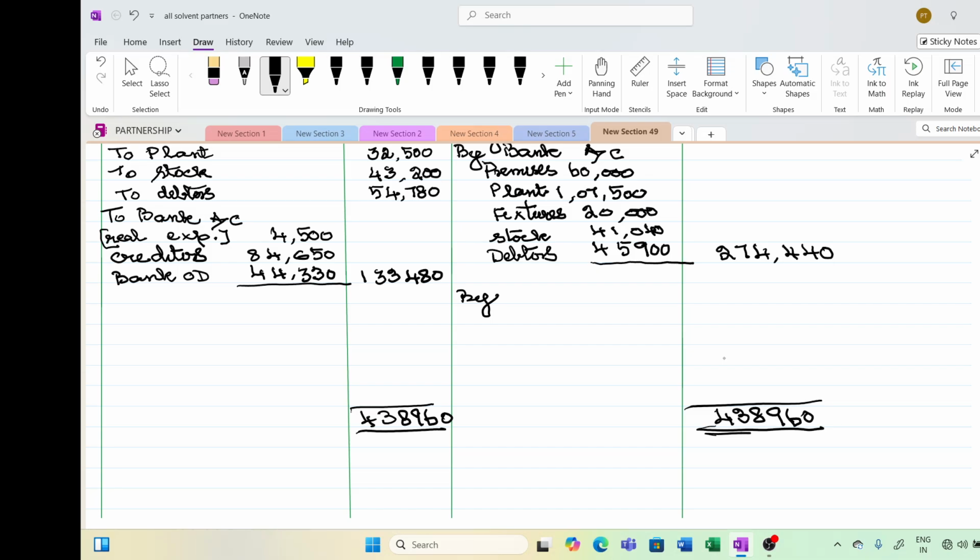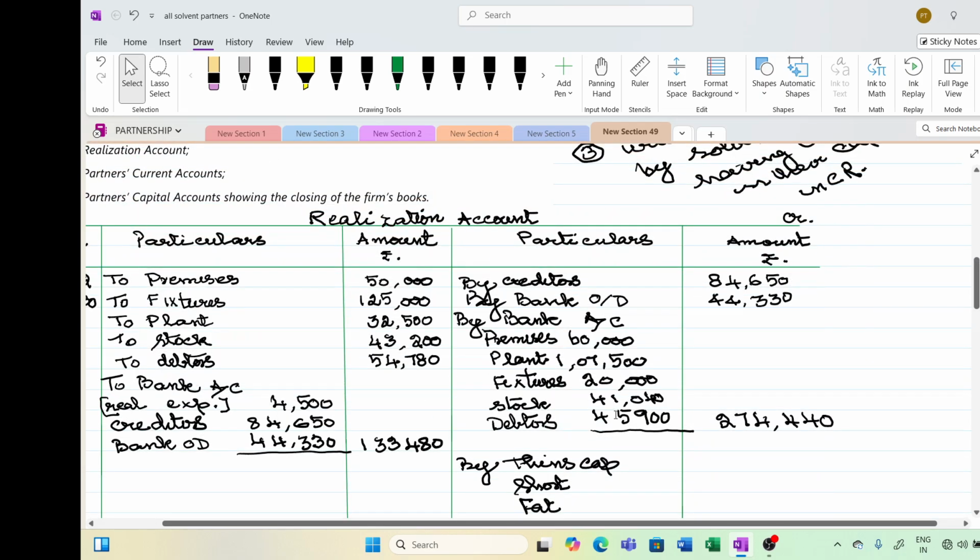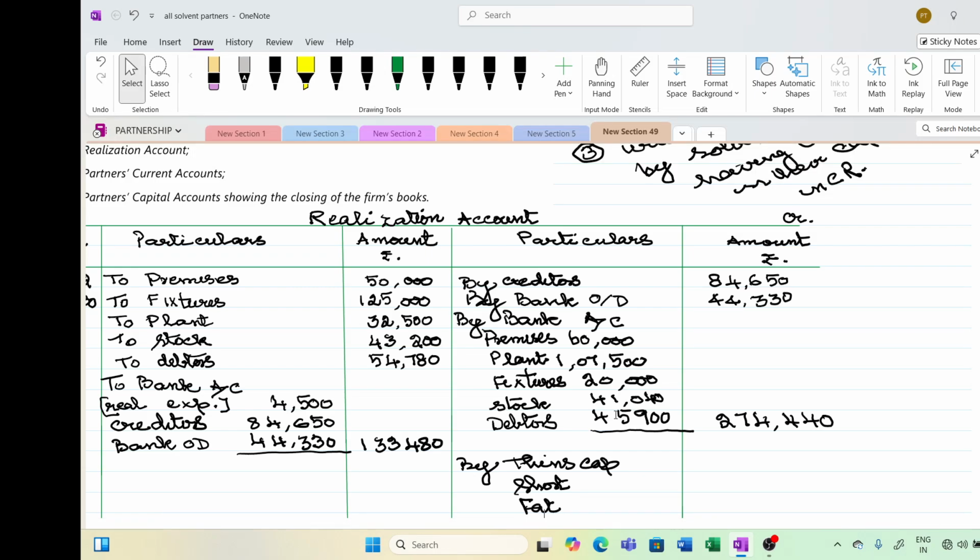Now the loss will be distributed to all the partners, whether he is insolvent or solvent. We have got three partners: Thin, Short, and Fat. Minus 2,74,440 and minus 44,330 minus 84,650.